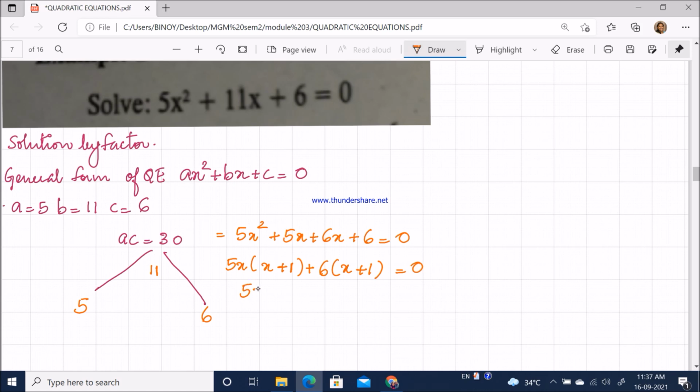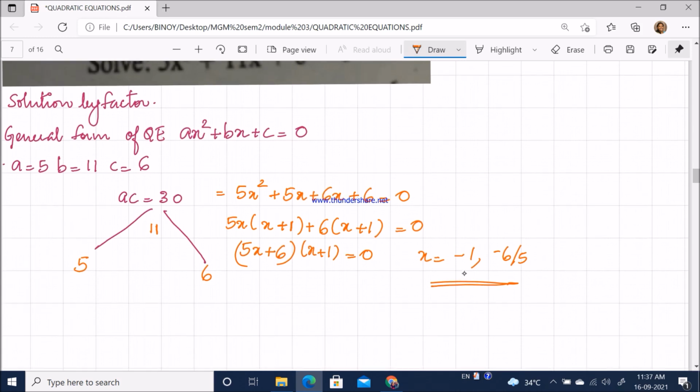So the factors are 5x plus 6 and x plus 1 equals 0. So x is either minus 1 or minus 6 by 5. These are the roots of the equation, that is minus 1 or minus 6 by 5.